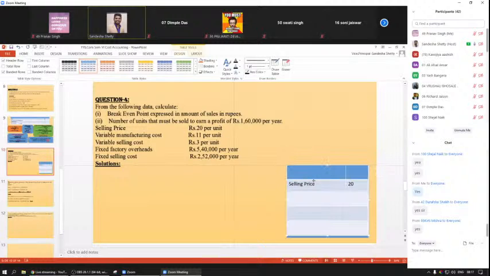Less variable cost. There are two variable costs. Can you tell me both? One is ₹11 and the other one is ₹3. Correct? So total variable cost will be ₹14.